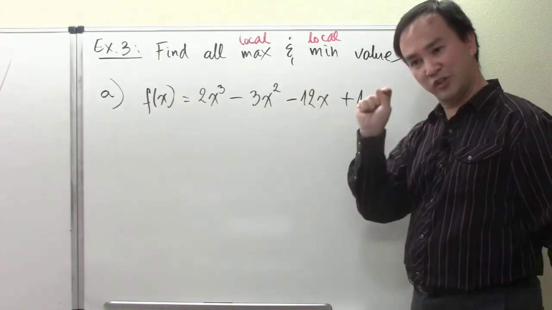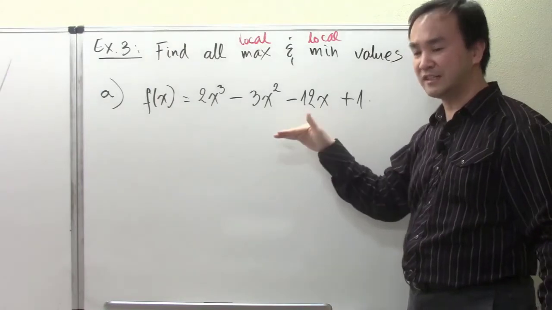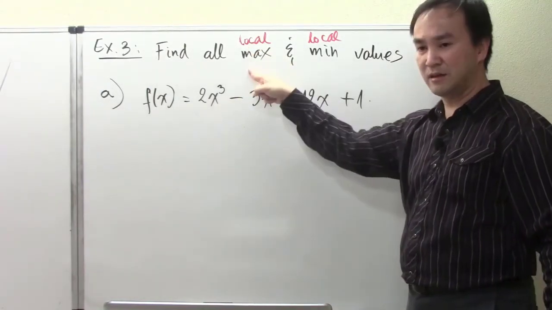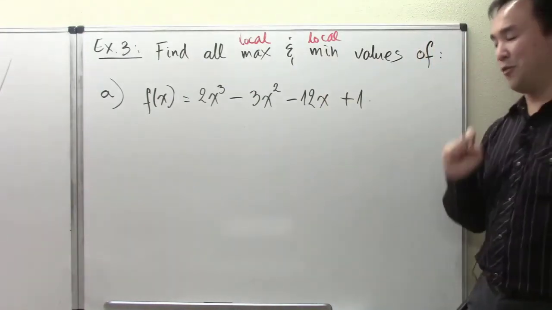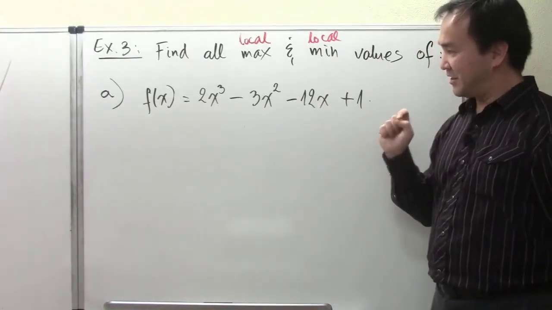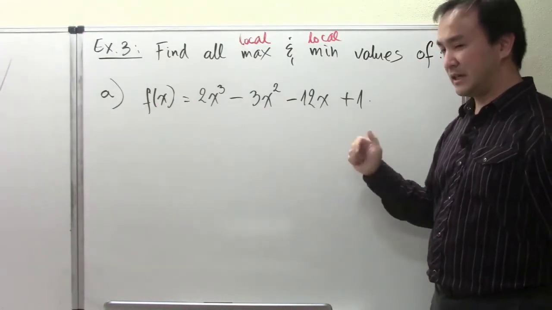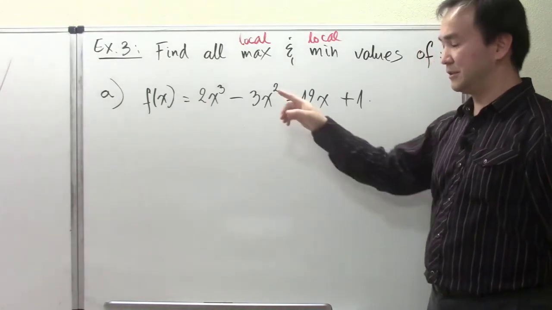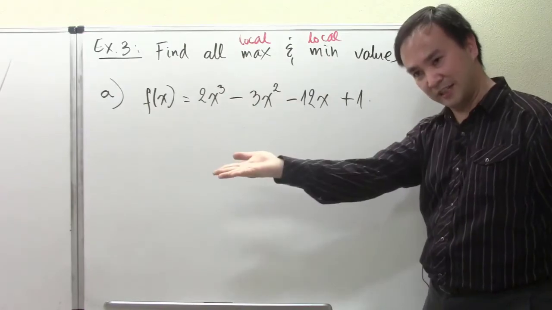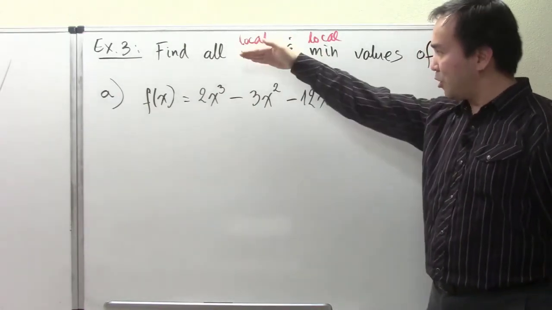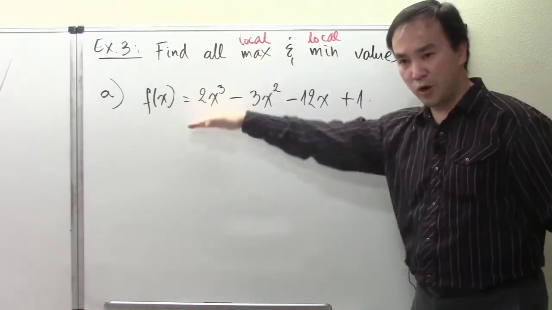With just the calculus, without the graph, and you don't need a graphing calculator, we can detect all of the local maximum and local minimum values of this function. That's the whole point. Just as I said before we get into this example, the key thing we need is to find all the critical values, because as the theorem stated earlier, all local maximum and local minimum values only happen within those critical values.